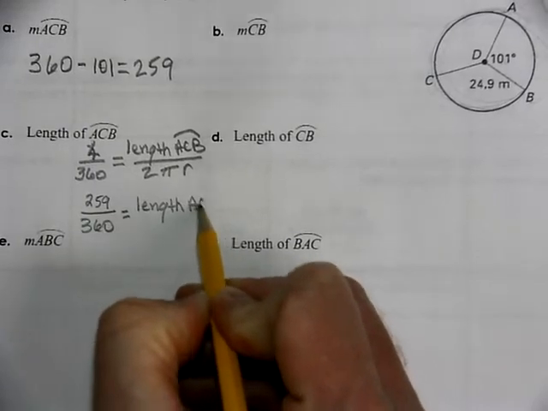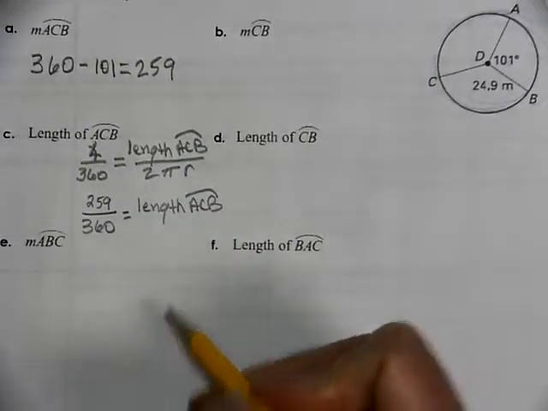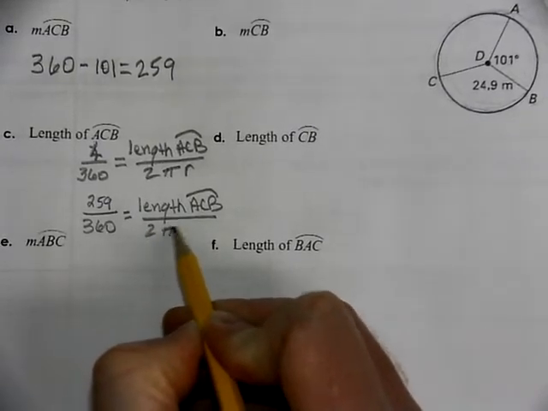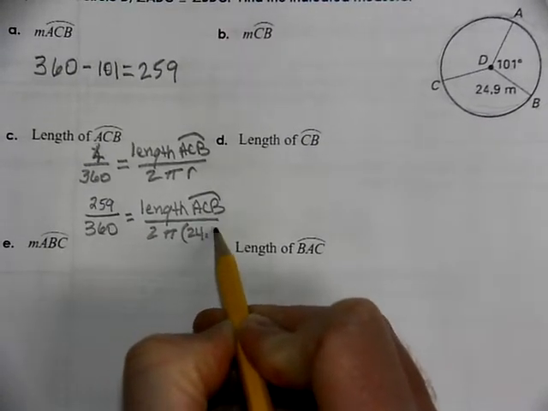The length of ACB, our circumference is going to be 2 times pi times 24.9.